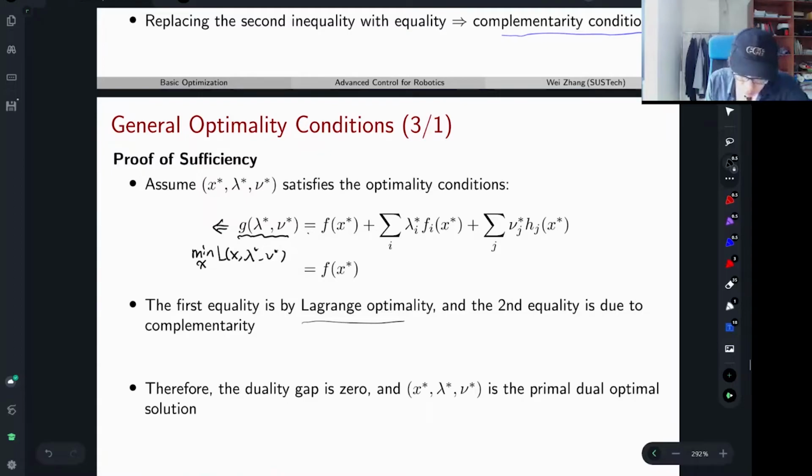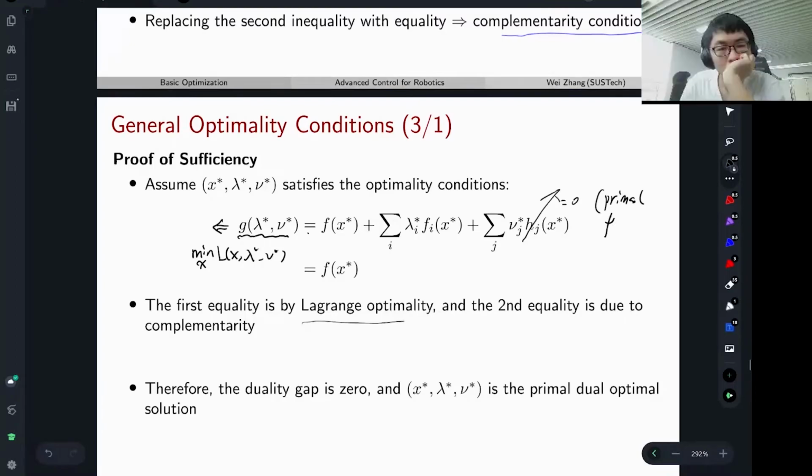Because of Lagrangian optimality, I have the first equality sign. The second equality is due to the complementarity condition, because this term is 0, and this term is also 0 because of primal feasibility. I hope that's fine.